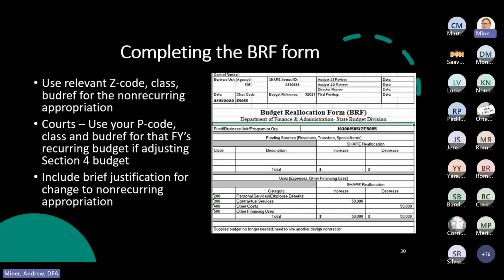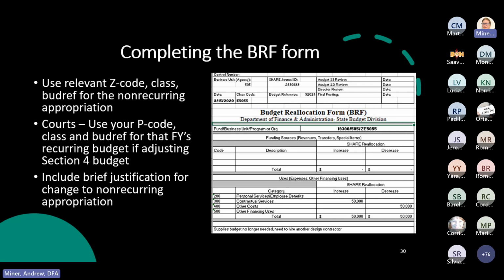This is what the BRF form looks like. It's also pretty straightforward. Again, lots of information that you'll either know or you'll pull off the budget code table, the relevant Z code, class, and BUDREF. Courts, if you're adjusting your Section 4 budget, you use your P code, class, and BUDREF for that year's recurring budget.